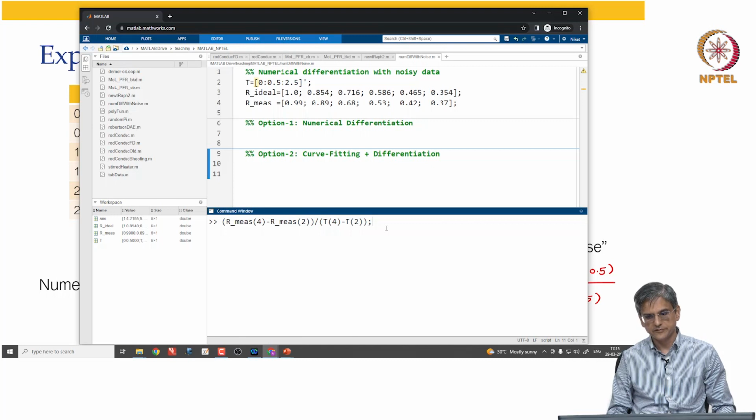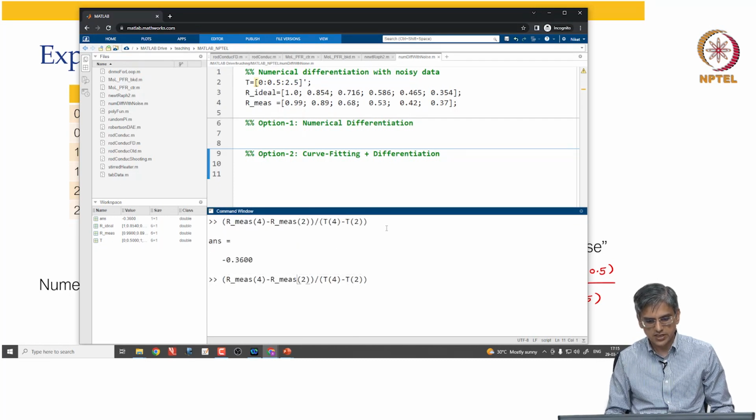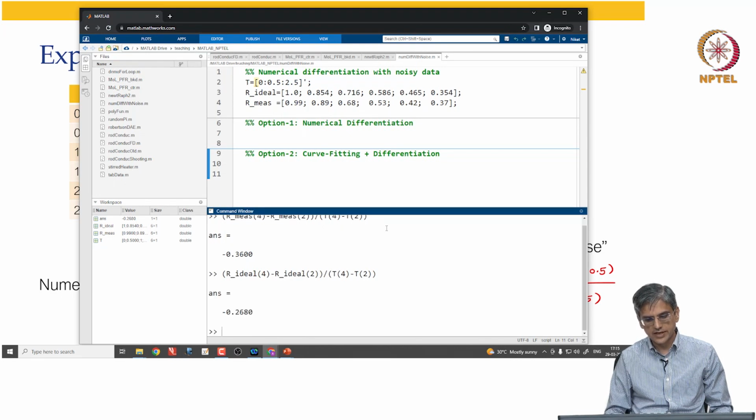This is the numerical derivative. The numerical derivative calculated from the measured data is minus 0.36. The numerical derivative calculated from clean data is minus 0.2680.